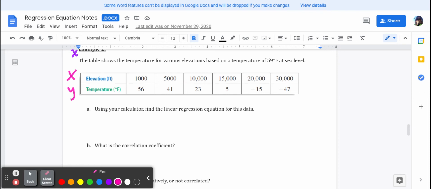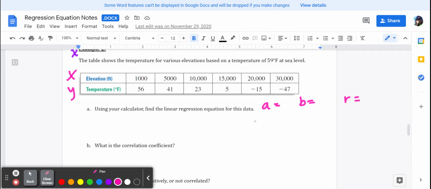Remember, once you have all your values in, that's when you want to hit second data. You'll go down to option number 4, the linear regression. And when you hit enter there, you are looking for the A, the B, and the R values. Remember, A represents our slope, B represents the y-intercept, and R is the correlation coefficient.